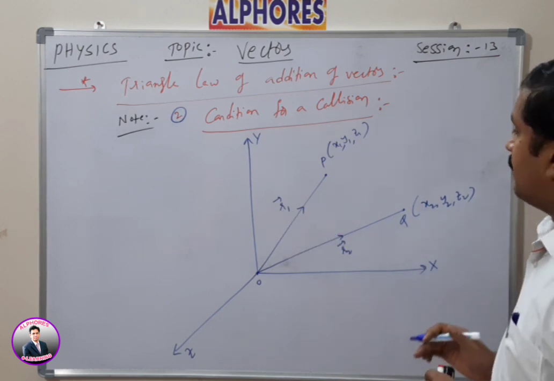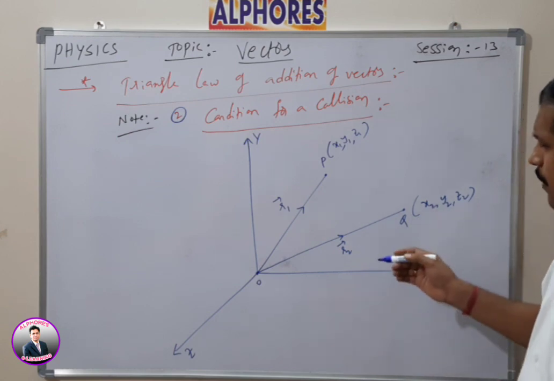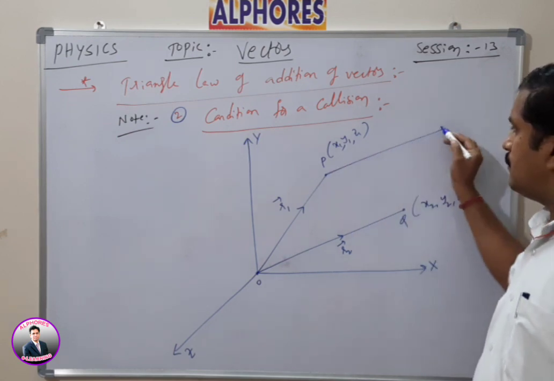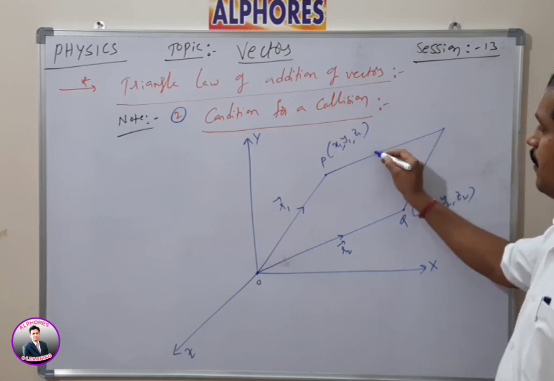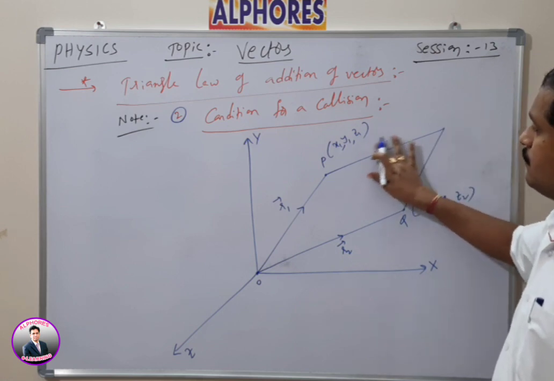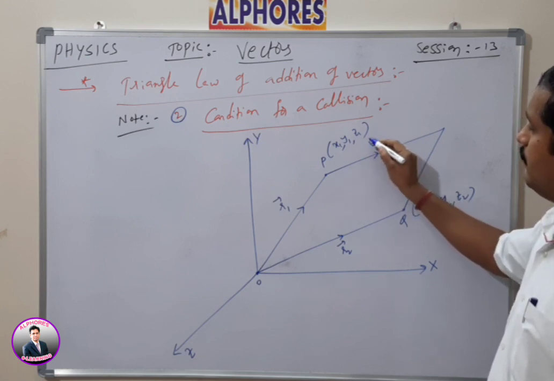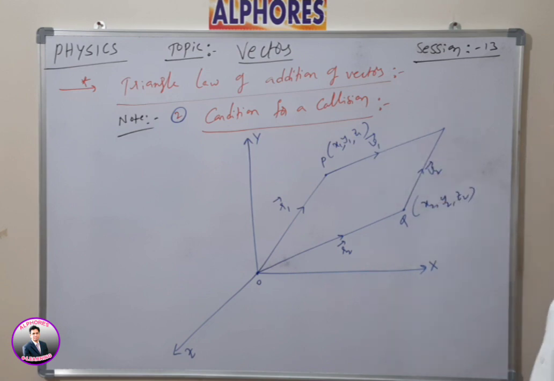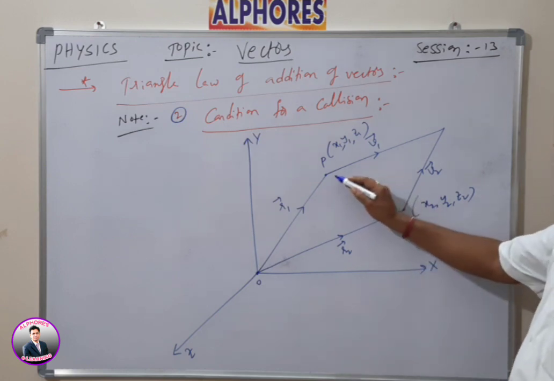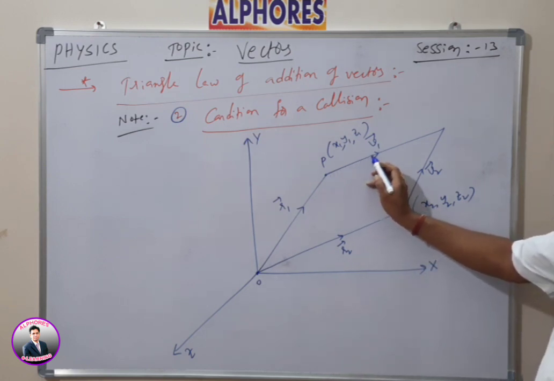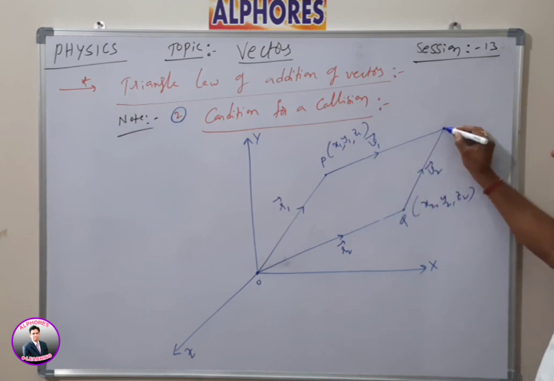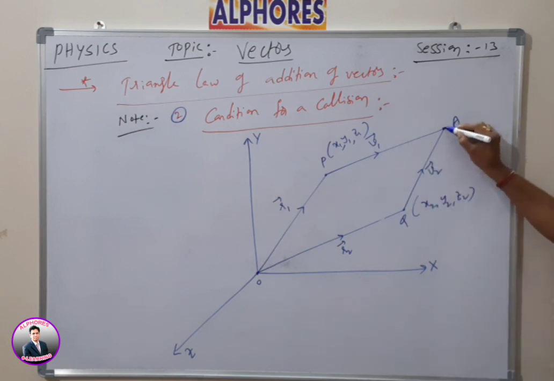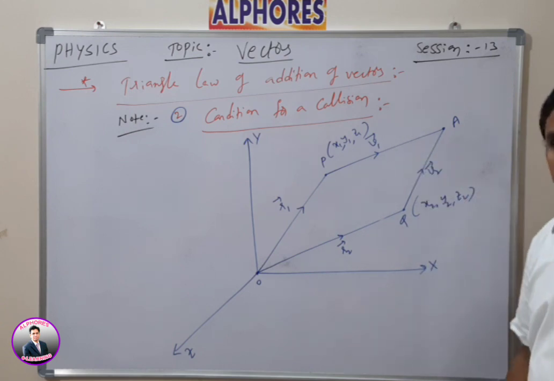Now listen carefully. After some time t, these two particles meet at a particular point, let us say A, due to their constant velocities. The first particle moves with velocity v1 bar and the second with velocity v2 bar.